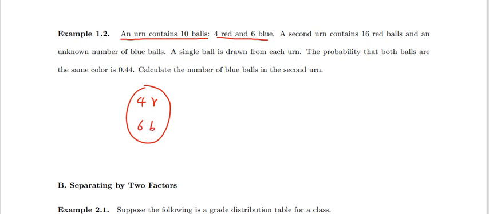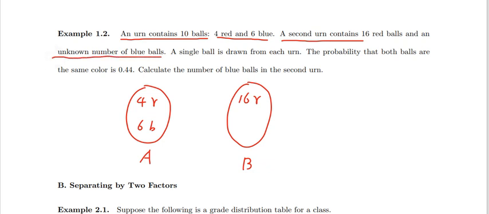We have a second urn. Let's say we put this one as A, and that one is B. For B, we have 16 red ones, and the blue ones we don't know, so we put X blue ones.